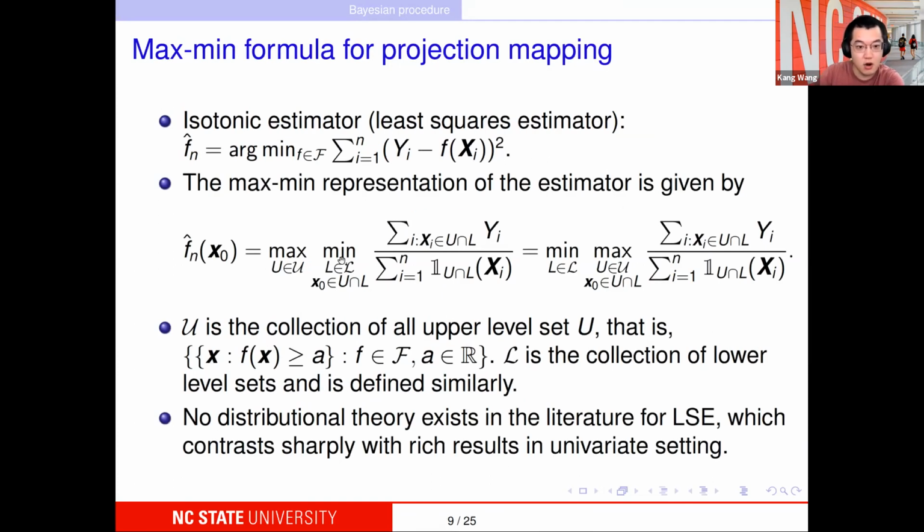We take the minimum over all. L is a collection of all lower level sets, and U is a collection of all upper level sets. An upper level set is defined as the x such that f(x) is greater than or equal to a constant.